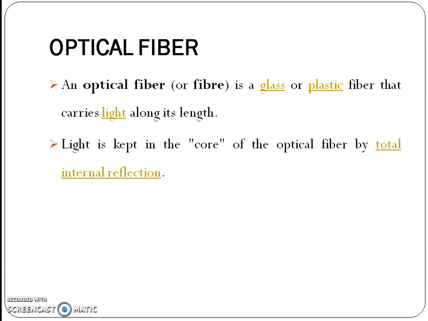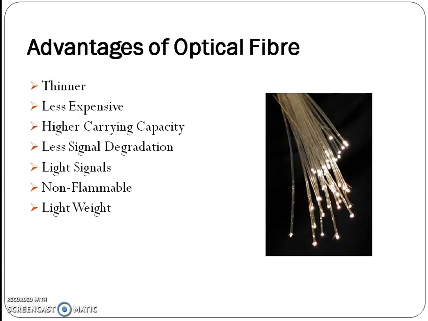Optical fiber is a glass or plastic fiber that carries light along its length. Light is kept in the core of the optical fiber by the phenomenon called total internal reflection. There are a number of advantages for optical fiber.